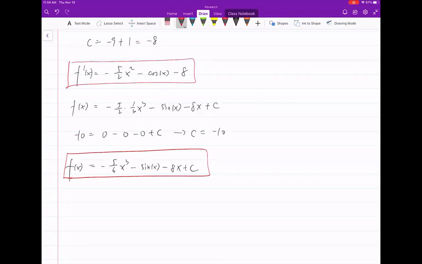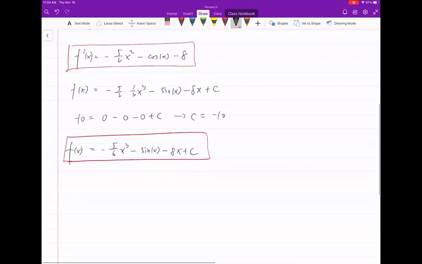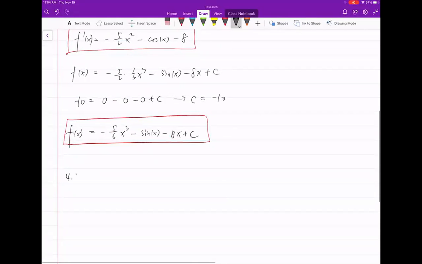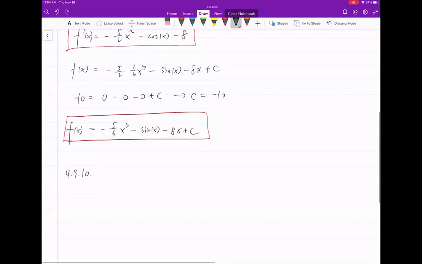Okay, Austin. 4.9, number 10, please. A particle moves with acceleration defined by a(t) equals 9t plus 2.